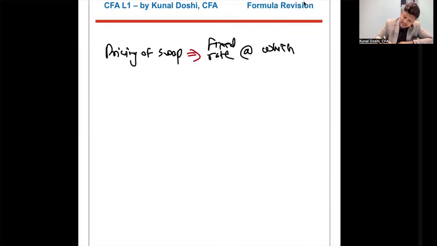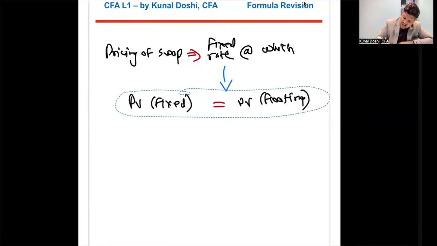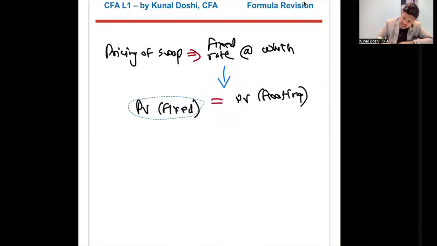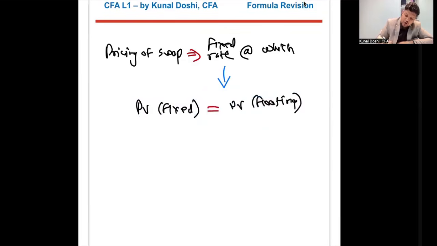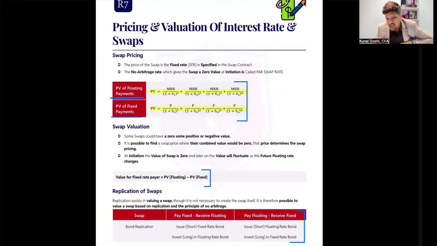Everyone in the class, the rate at which present value of fixed payment and present value of floating payment will match. I'll repeat, the rate should be such that the present value of the fixed payment and the floating payment should match. So the present value of all of the floating payments and the fixed payment at the rate at which they match is called the swap fixed rate.